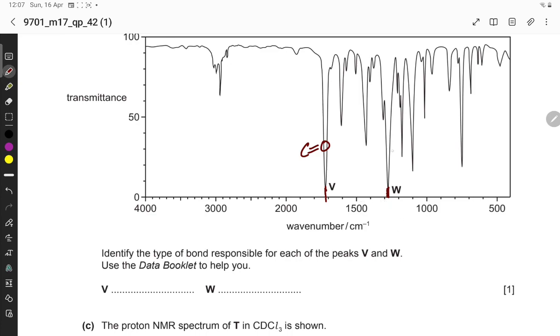So this peak is of C-O. So V is the C=O peak and W is C-O.